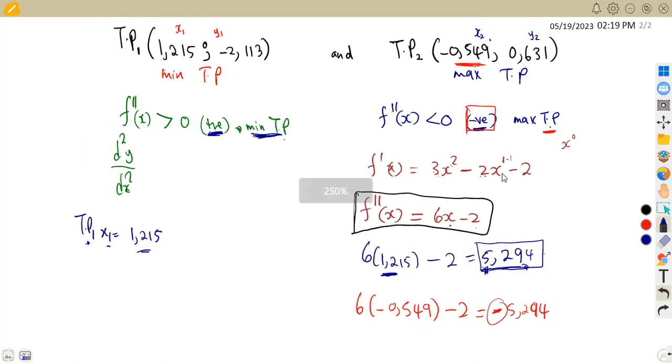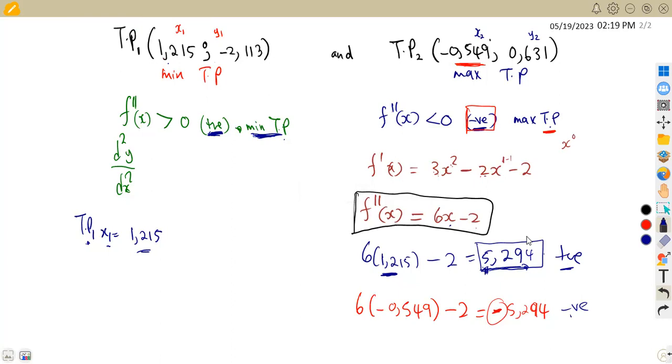You use the second derivative, substitute the values of x that you are given. Is the answer positive or negative? If it is positive, that's a minimum turning point. Negative, it's a maximum turning point. That's how we handle this typical question that you're given.